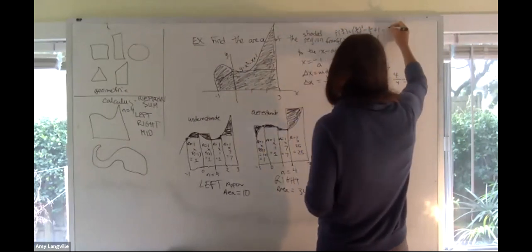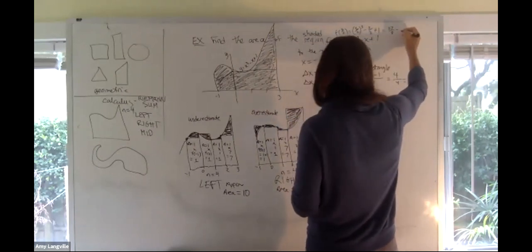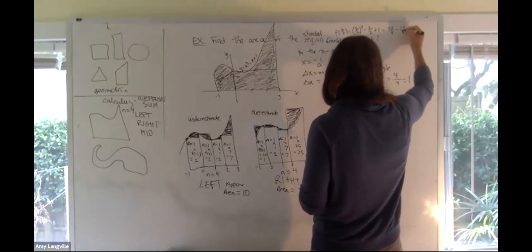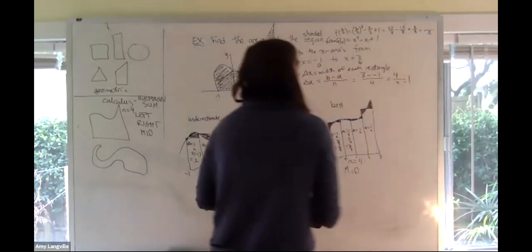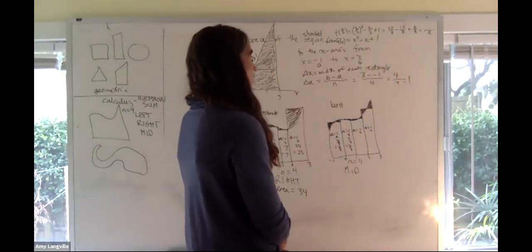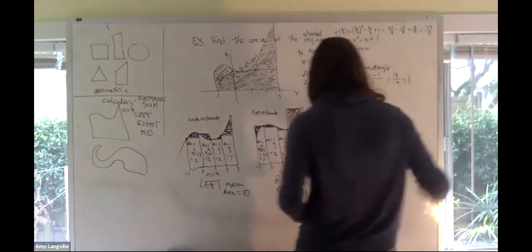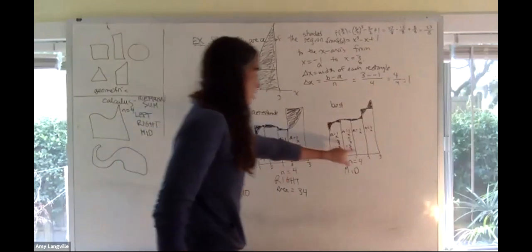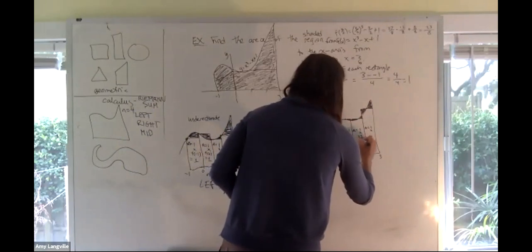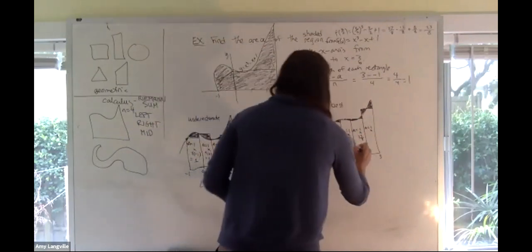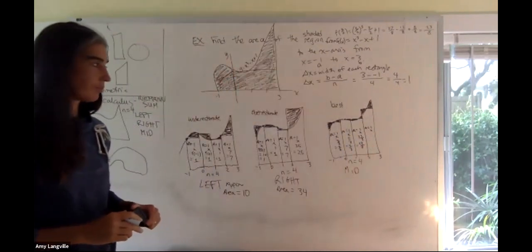So that's going to be 27/8 minus, turn that into eighths as well, 12/8 plus 8/8, for a total of how many eighths? 27 minus 4 is 23. So the height of this third rectangle is 23/8. We multiply that by the width, which is 1. Easy multiplication gives us 23/8 as the area of the third rectangle.